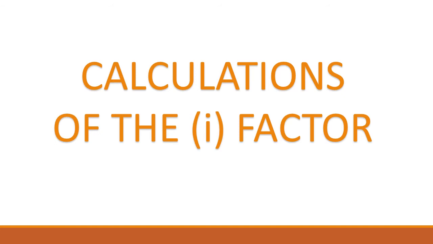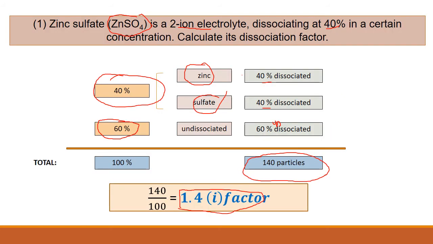So we have here the calculation of the Van 't Hoff factor or the dissociation factor. So zinc sulfate is a 2-ion electrolyte dissociating at 40% in a certain concentration. Calculate its dissociation factor. So you have here a zinc sulfate, which is a 2-ion electrolyte.